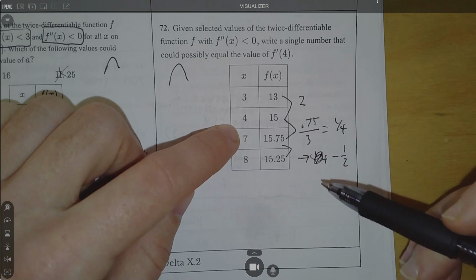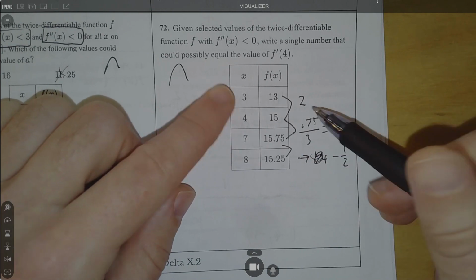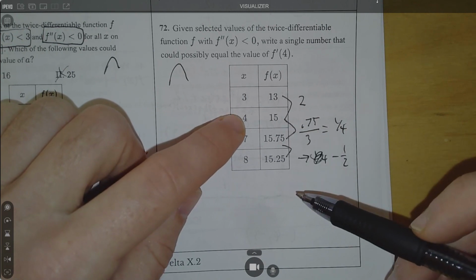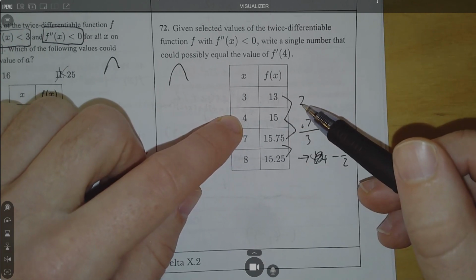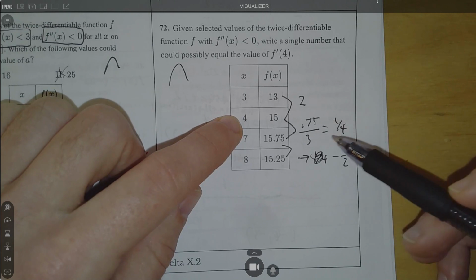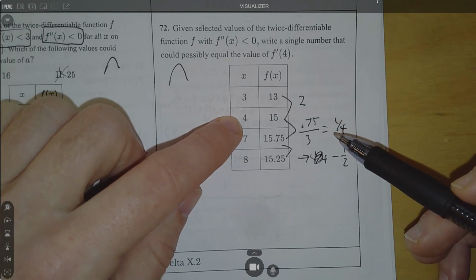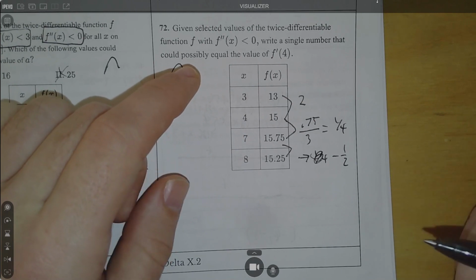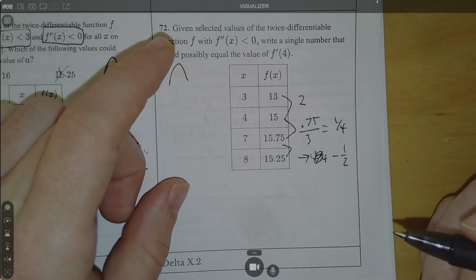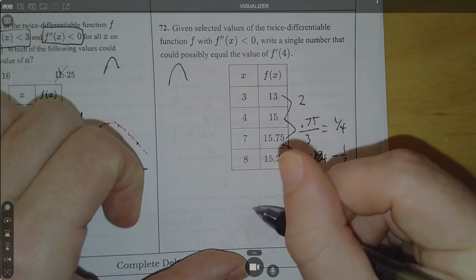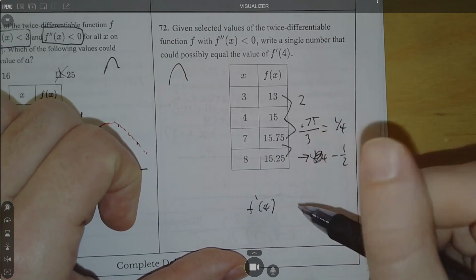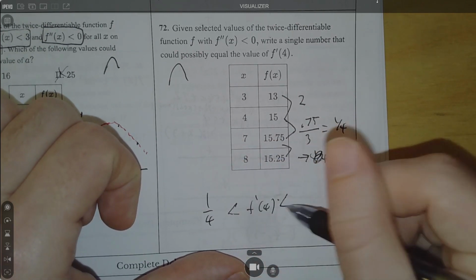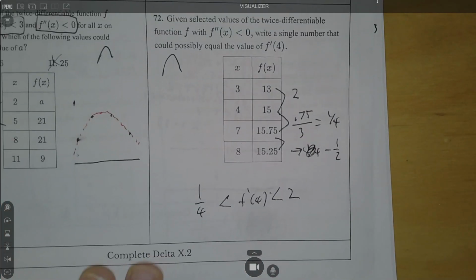So maybe 1, or 1/2, or 3/4, and any of these would work. So f'(4) could be any number greater than 1/4 but less than 2.